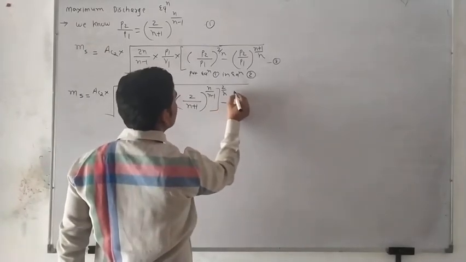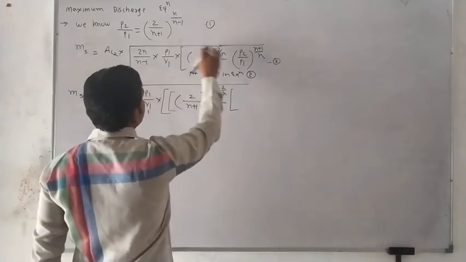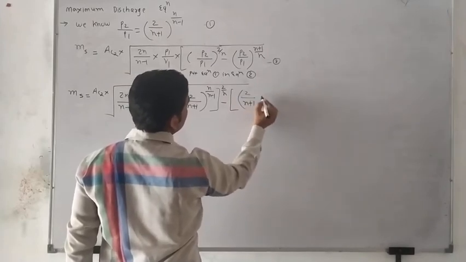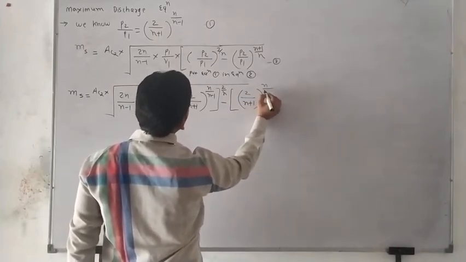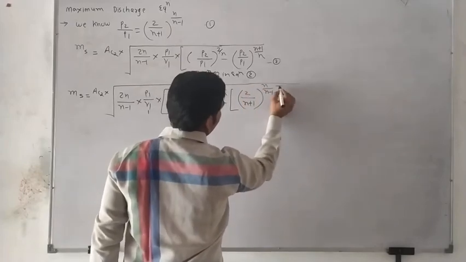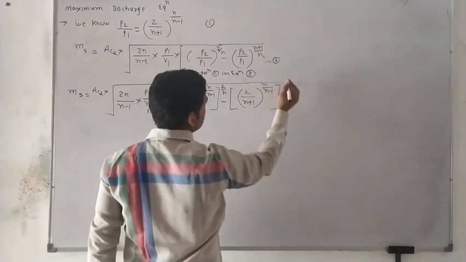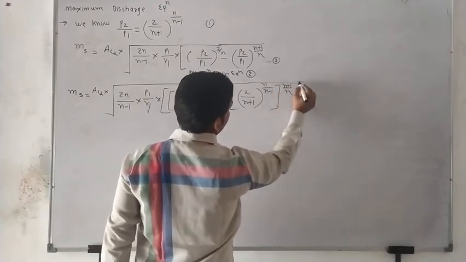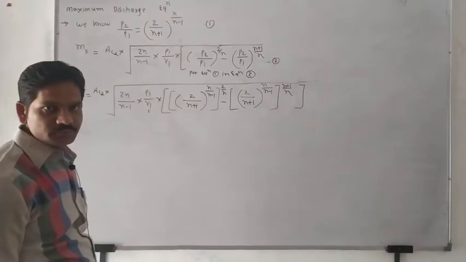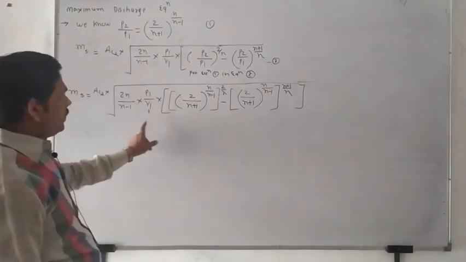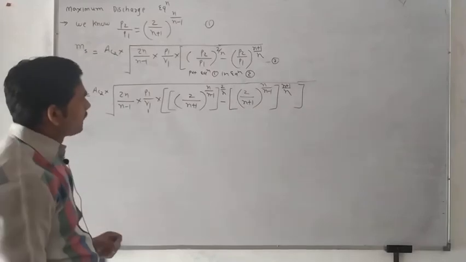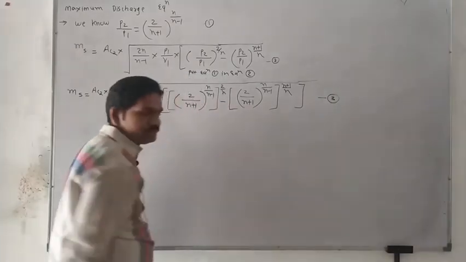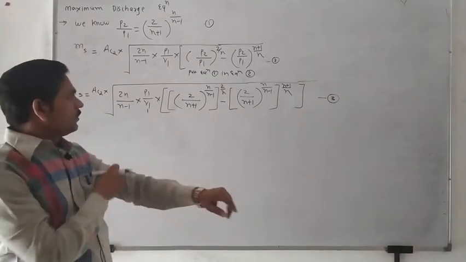Minus, biggest bracket, this term (2 upon n plus 1) to the power n upon n minus 1 bracket to the power n plus 1 upon n, complete final brackets, right? So after this, what is here? How can you solve? Suppose this is equation number 3. So how do you solve?